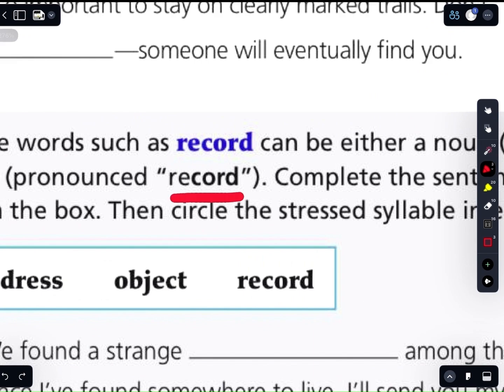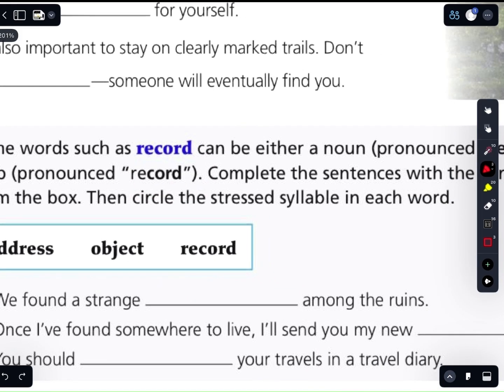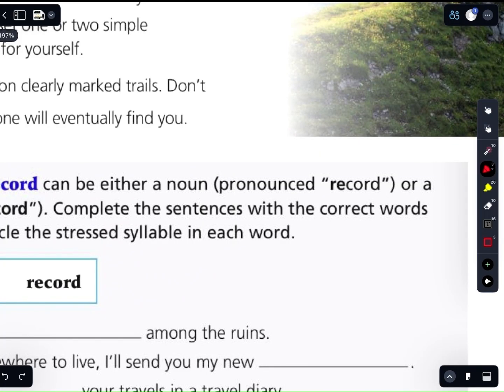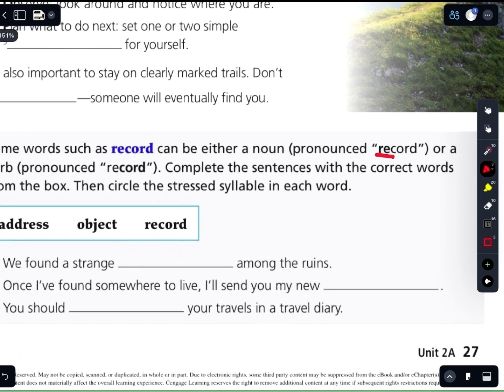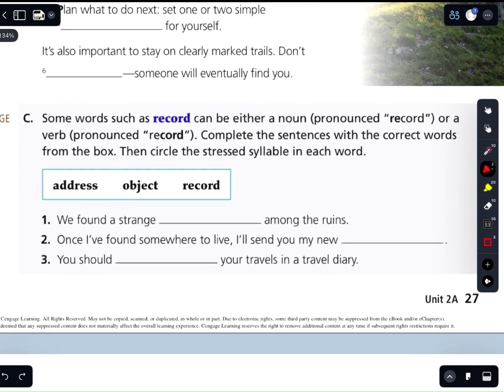And then this one is record, record, and the stress is on the second syllable. Okay, so a record is a thing and to record is a verb. We have address or address, object or object, and of course, again, we have record or record.